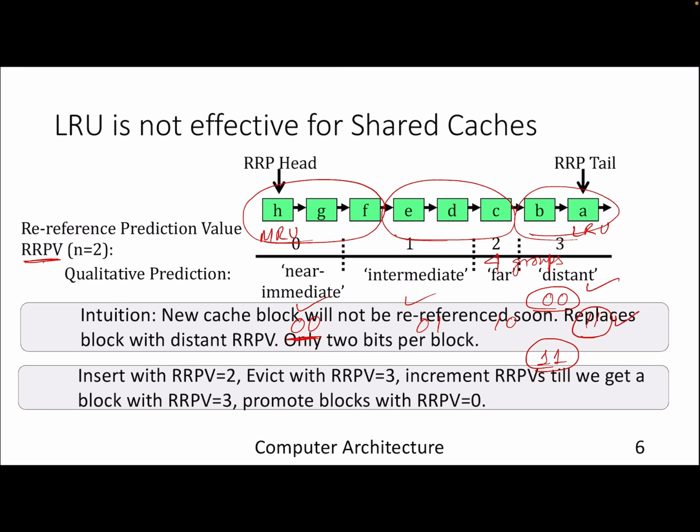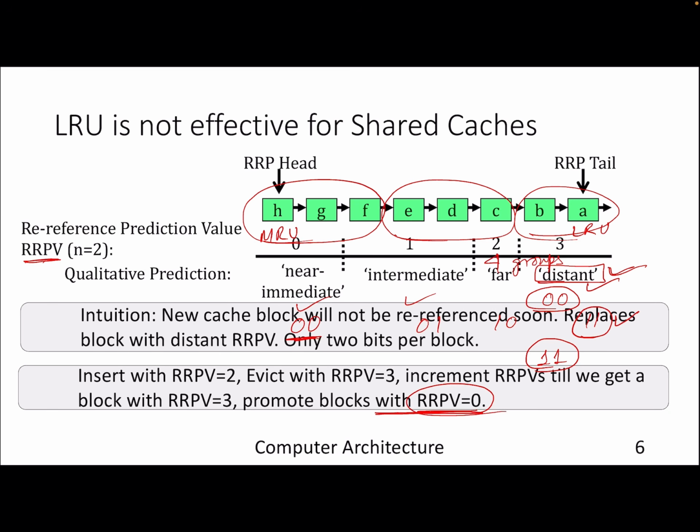So this is the overall idea, where, as I have already mentioned, you evict the block with the distant RRPV value, and whenever you get a hit to any block, that's the promotion policy, you make it 0, okay?